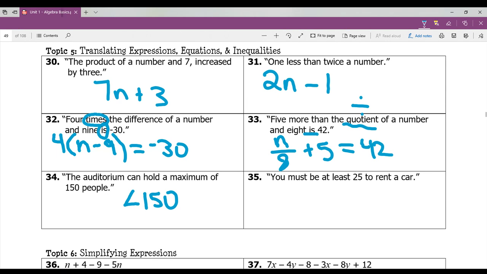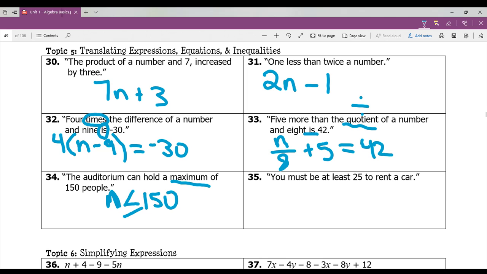It's got to be smaller than that. Can you be 150? Like, can the auditorium actually hold 150 people? Yes, it can. So we put the equal sign, and then we put our variable. So our number of people has to be smaller than or equal to 150 in order to be the maximum.